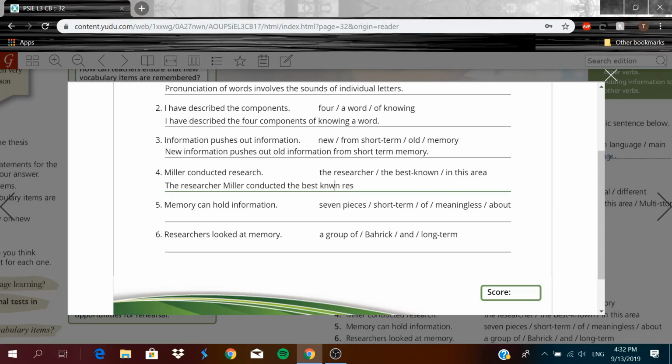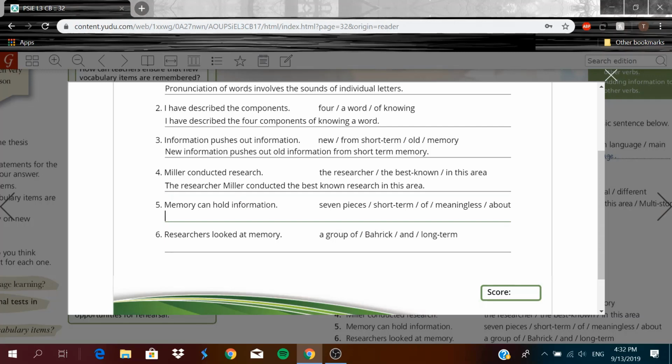Let me go back. So the researcher Miller conducted the best known research in this area. Okay? And full stop.